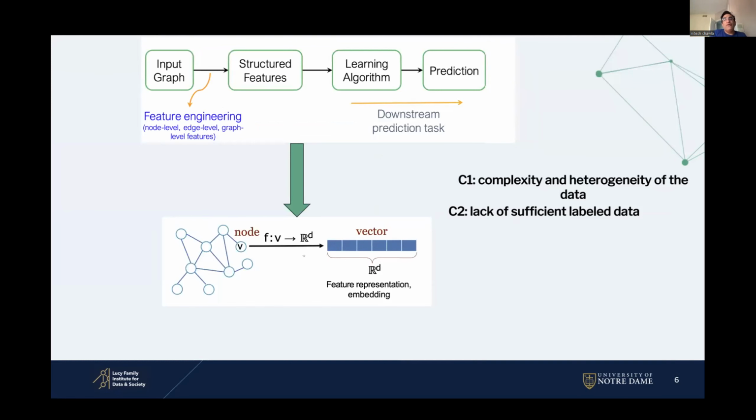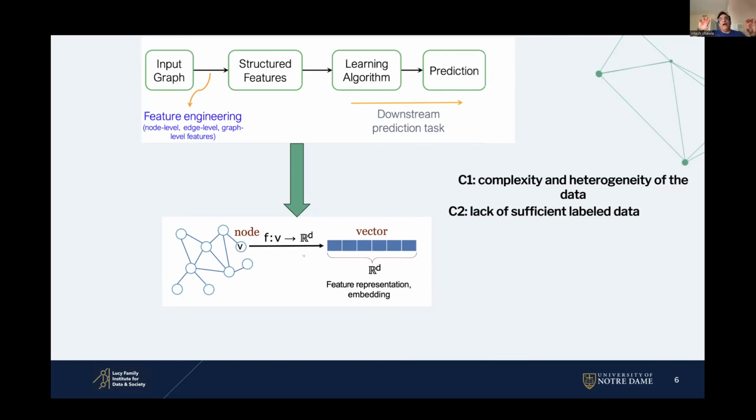But then in about 2016, 17, there was a surge of interest. Word2Vec had happened, and there was a surge of interest in whether we can represent graphs leveraging a Word2Vec kind of encoding or embedding method to do representation learning on graphs. There was some initial work that came out in 2015, 2016 for homogeneous graphs.